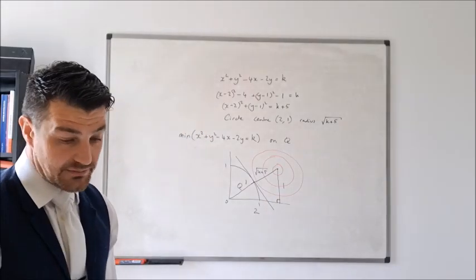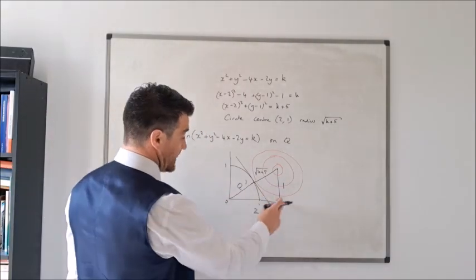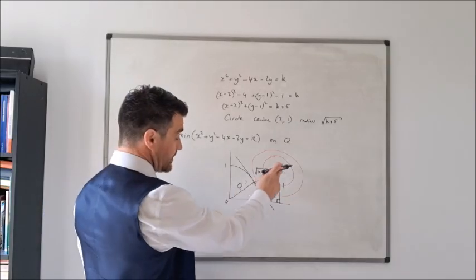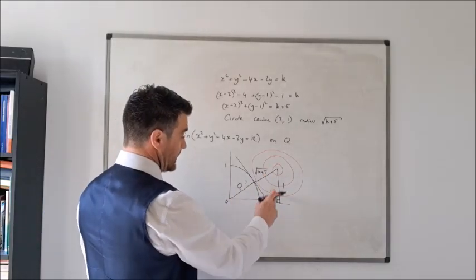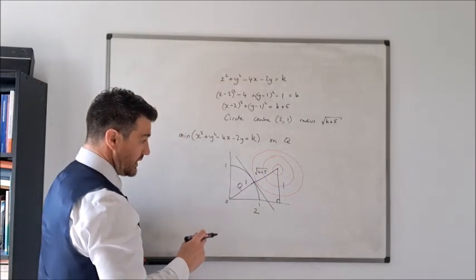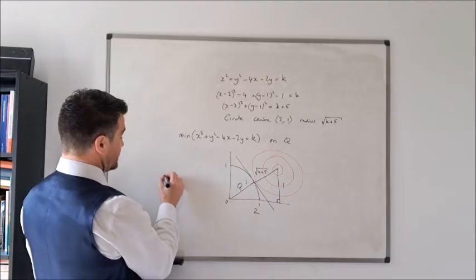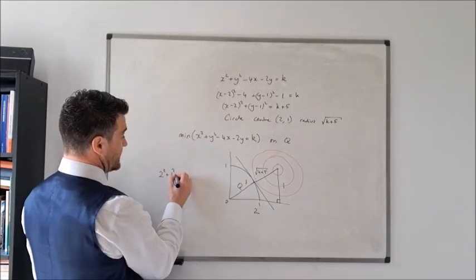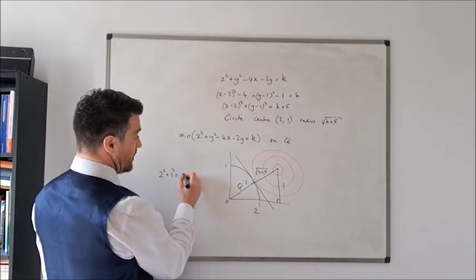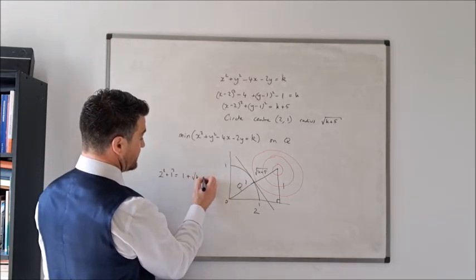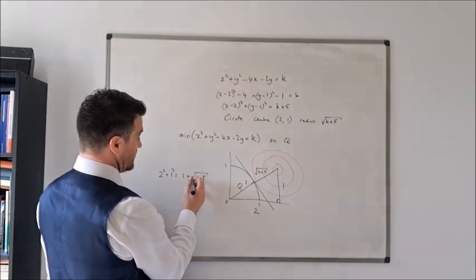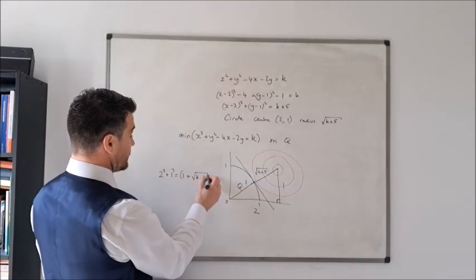Because this is a right angle triangle, I can set up an equation here: 2 squared plus 1 squared is going to be equal to 1 plus the square root of k plus 5, squared.